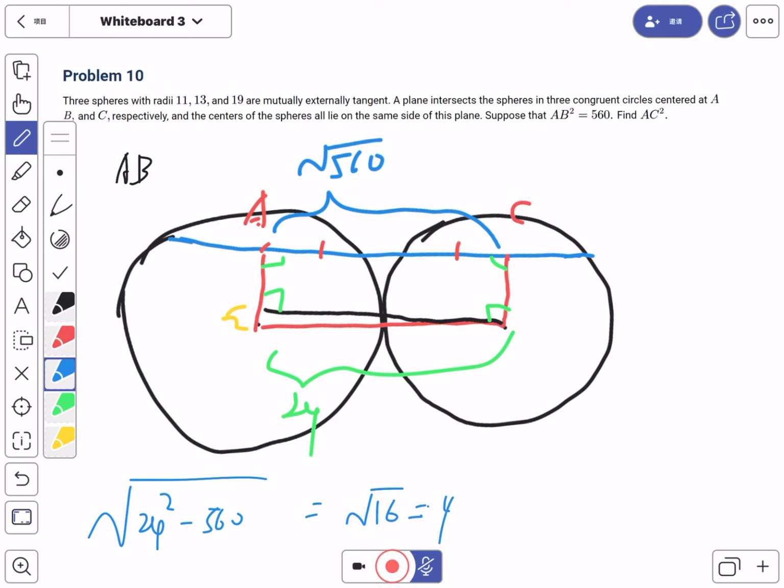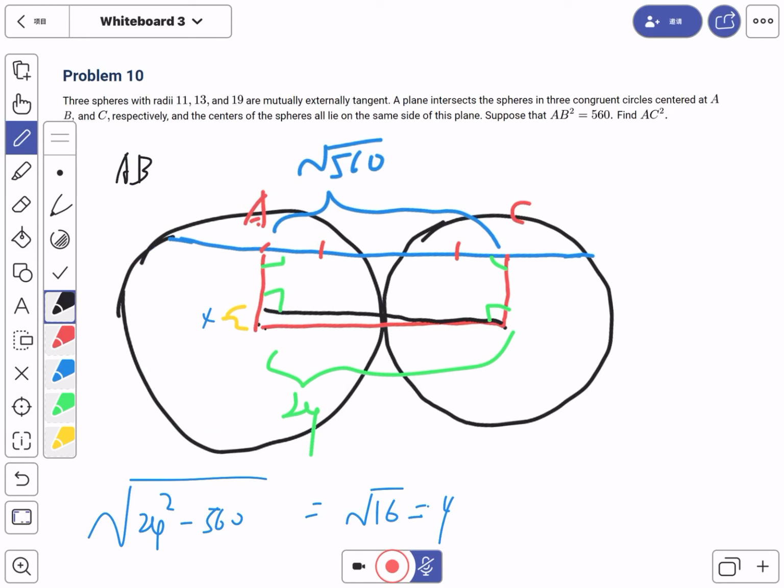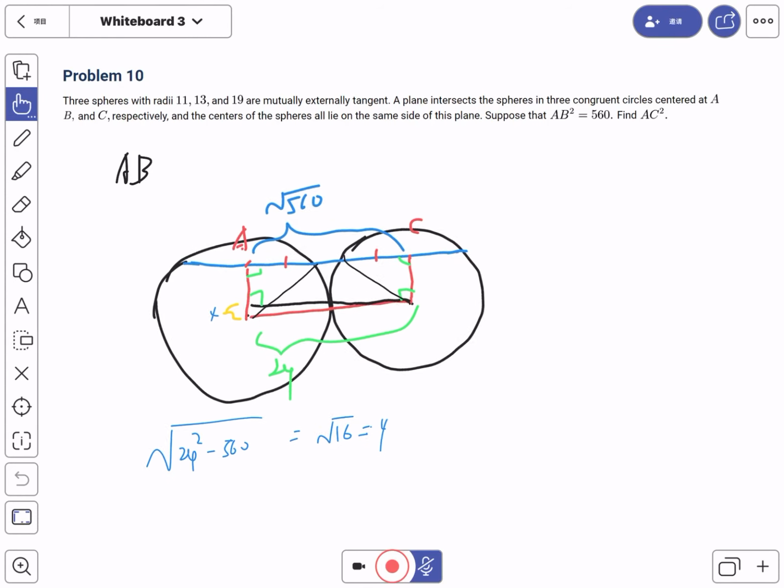So this length over here is 4. We don't need to use that too much, but we can try to connect these two lengths. If we connect these two, since they're equal, we can let this be R. Now let me zoom this out again.